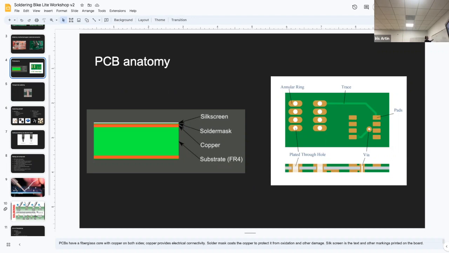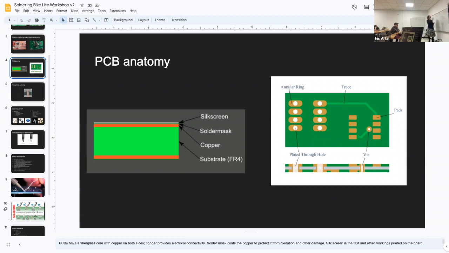Now looking at it from the top, let's say your circuit board looks like this. Copper starts everywhere on the circuit board, but then you remove some pieces of copper.